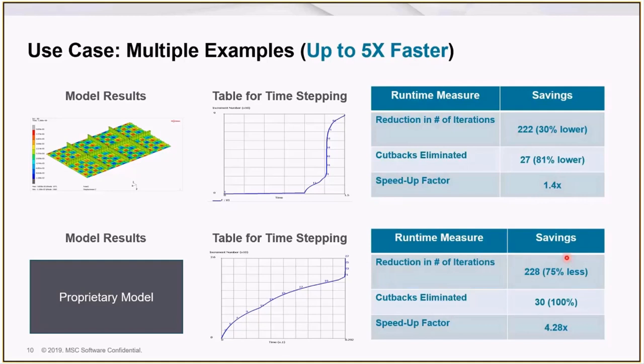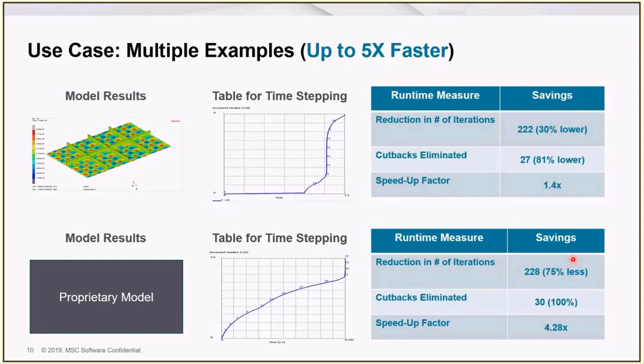In this case, we reduced the number of iterations by 75%, which was a very large amount. We reduced our cutbacks by 100%, so we no longer had cutbacks, and the speed up factor was about 4.28x. In all these cases, sometimes we would make small modifications to the model, and sometimes we just tested without, just to test some of the extremes.